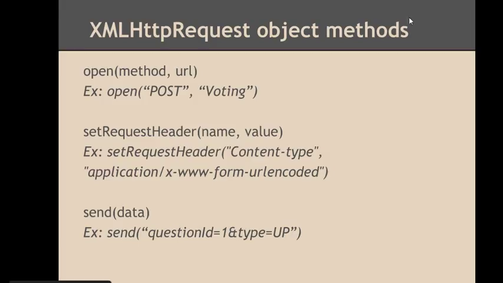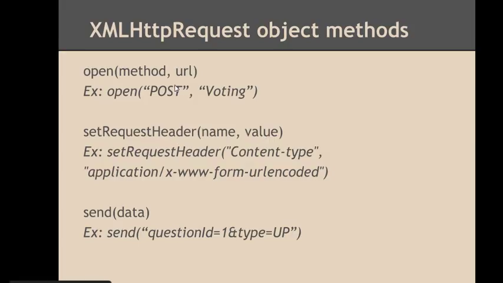Let's check the methods of the XMLHttpRequest object. The first one is open. It gets an HTTP method, get, post, put, delete, etc., and it gets a URL. In our case, it's basically the mapping of our servlets. Since our voting servlet's URL is voting, we will post some data to our voting servlet. That's all. And setRequestHeader sets the attributes in the request header.